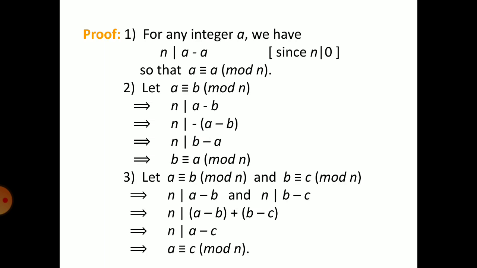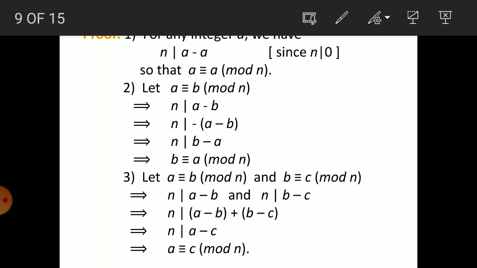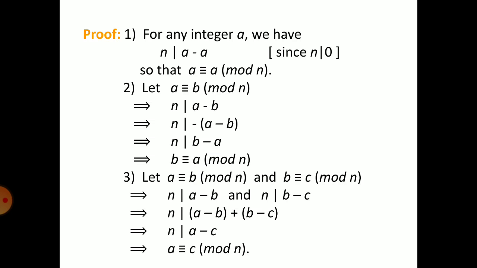Therefore, if n divides a minus b, we can write n divides minus of a minus b. But minus of a minus b can be written as b minus a, so n divides b minus a. And n divides b minus a by the definition of congruence can be written as b is congruent to a mod n. That means if a is congruent to b mod n, then b is also congruent to a mod n. This completes the proof of second.